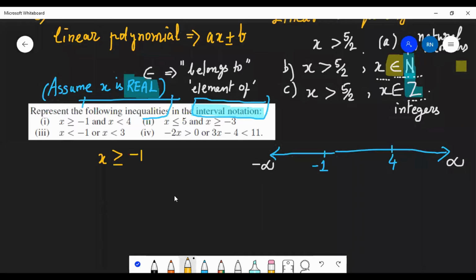So what are we supposed to do? I think in the last class I have mentioned already, greater than means start from -1 and go to the right side. I have told you. So this is what I have told you. Please follow it. So how to do that? Start from -1.